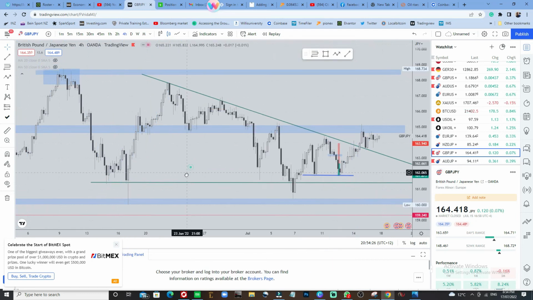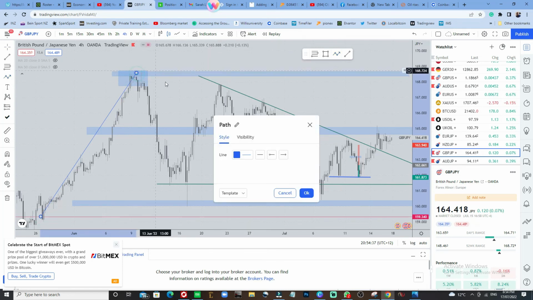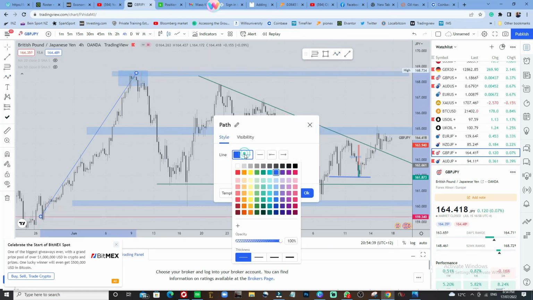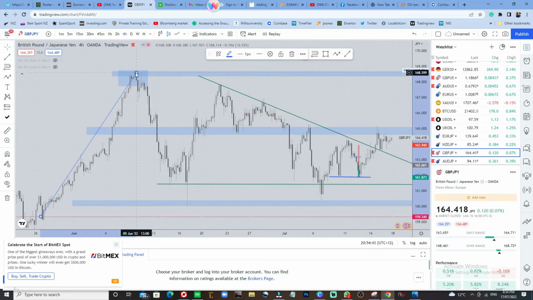All right, now let's take the market from anywhere. Okay, let's take from here. The market pushed to the upside. I want to make the arrow ticks so that they are visible. All right, let's start from here.